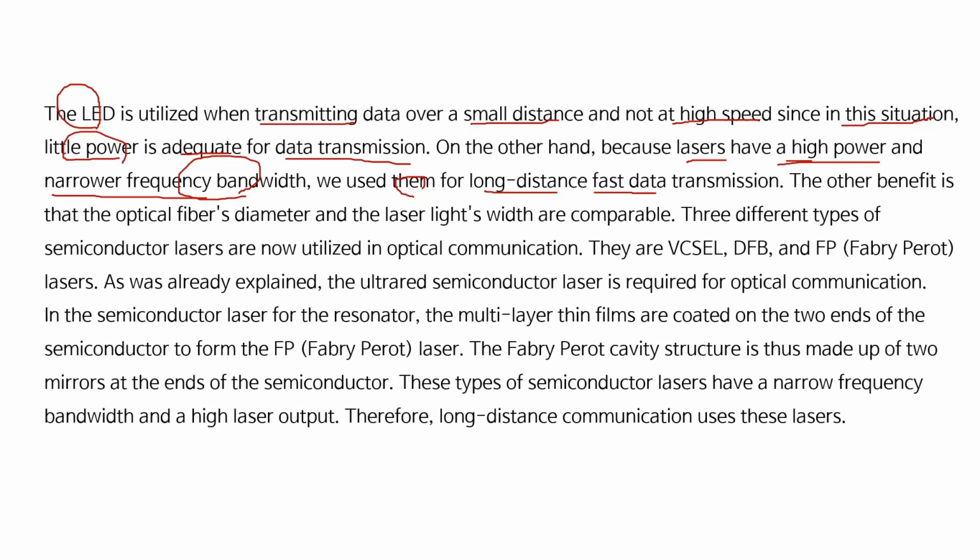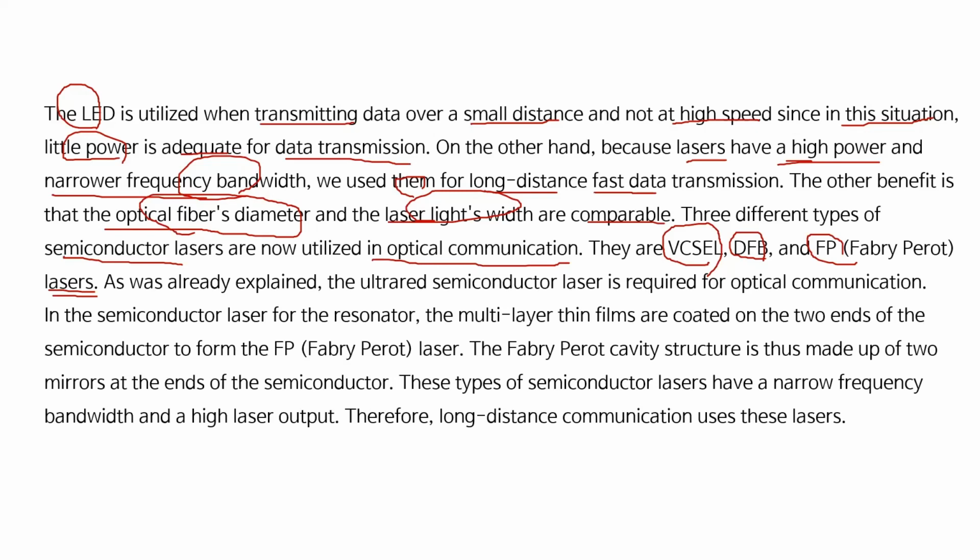The other benefit is that the optical fiber's diameter and the laser line widths are comparable. Three different types of semiconductor lasers are now utilized in optical communication. They are VCSEL, DFB, and FB lasers. We will discuss these lasers further below.